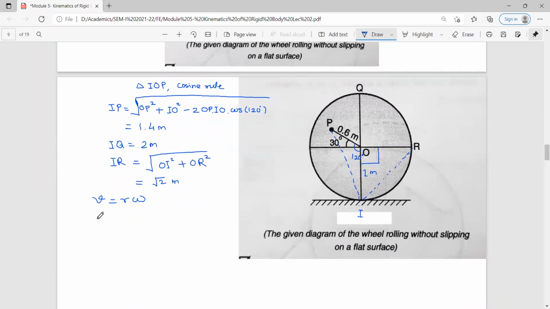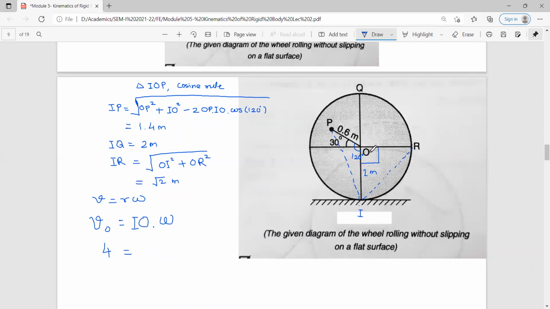Velocity of point O. So how you will write down the formula? Velocity of point O is equal to, what is the radius of point O? Radius of the point O is nothing but distance of point O from I. So that is nothing but IO into angular velocity. Velocity of point O is given 4 meter per second. It is given in the question itself.